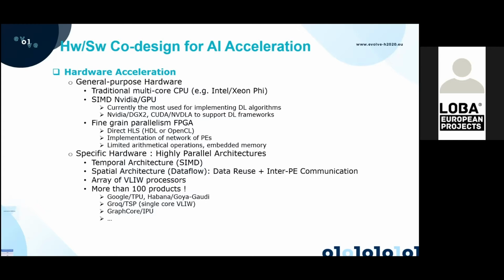It includes traditional multi-core CPUs, for example multi-core Intel Xeon processors, but also GPUs, which is a very classical usage today, for example GPUs from NVIDIA in order to accelerate AI applications. Currently, when we look at different implementations of deep learning algorithms in the literature, most of the time GPUs are the most used technology for this purpose.